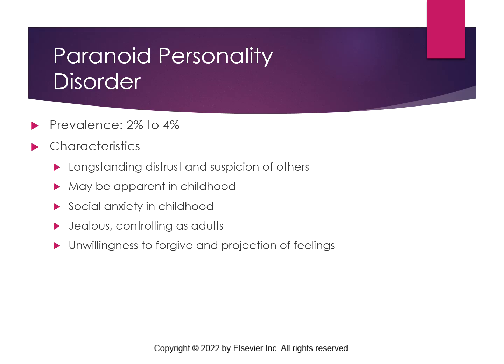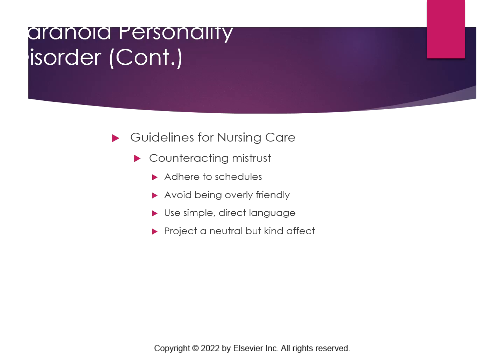They have social anxiety in childhood, and they are very jealous and controlling as adults. They have an unwillingness to forgive, and they project their feelings onto others. These are the basic characteristics of paranoid personality disorder.